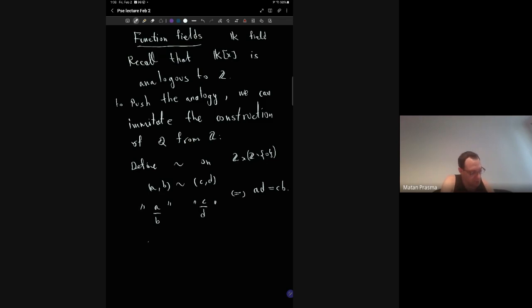So Q, in the fundamental mathematical definition, is simply the set of pairs of integers whose second coordinate is non-zero, modulo this equivalence relation.